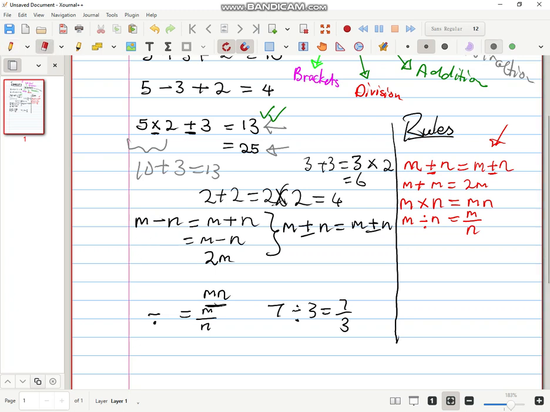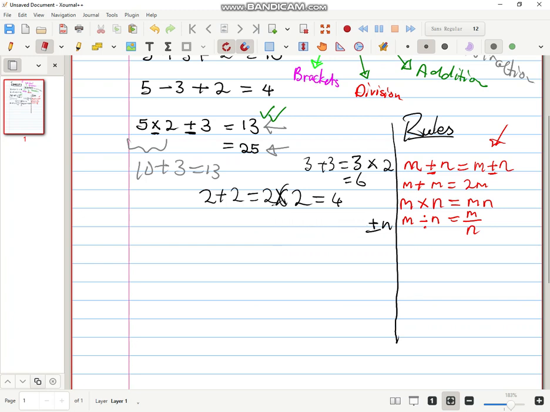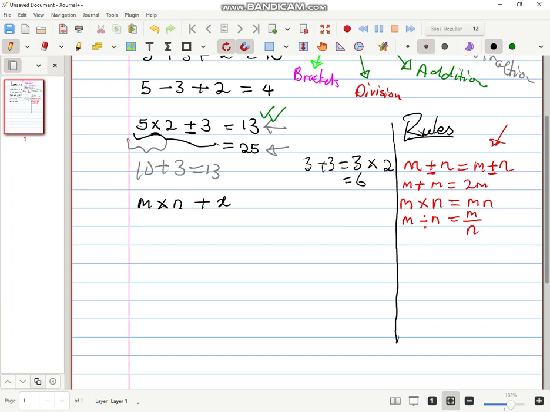So what if you have something like this? What if you have m times n plus x, for example? This is almost the same as 5 times 2 plus 3.